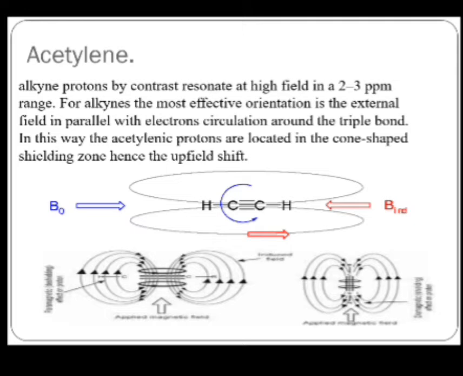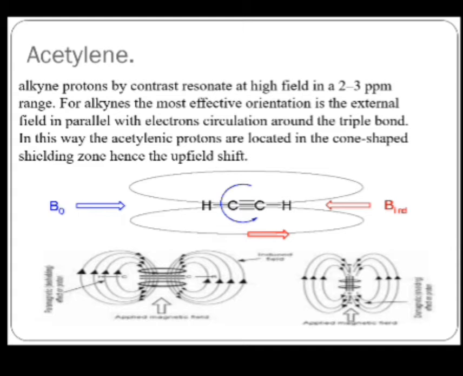Acetylene molecules are planar in nature. Alkyne protons by contrast resonate at high field, in the 2 to 3 ppm range. For alkynes, the most effective orientation is when the external field is parallel with the electrons circulating around the triple bond.